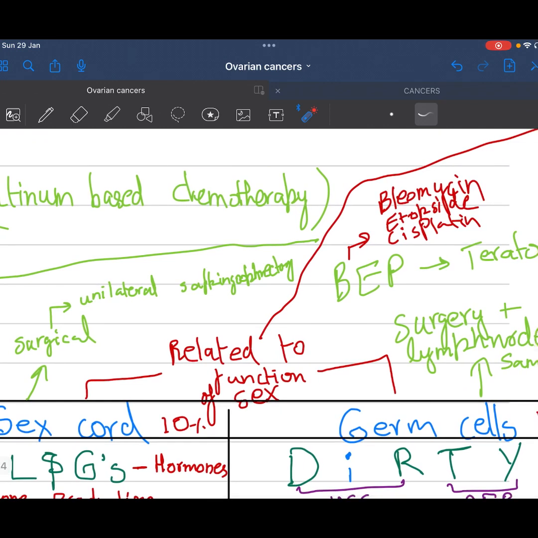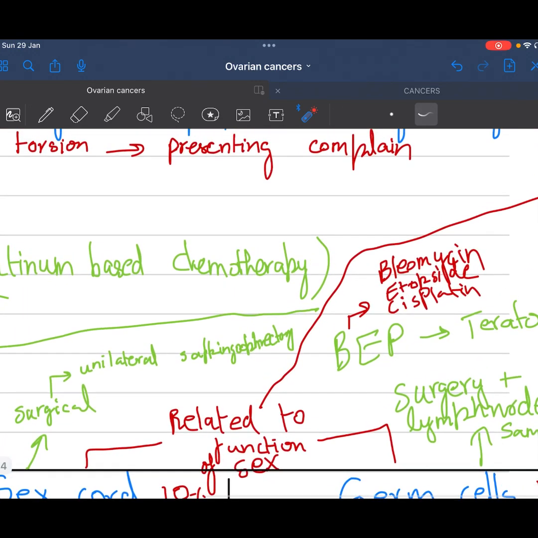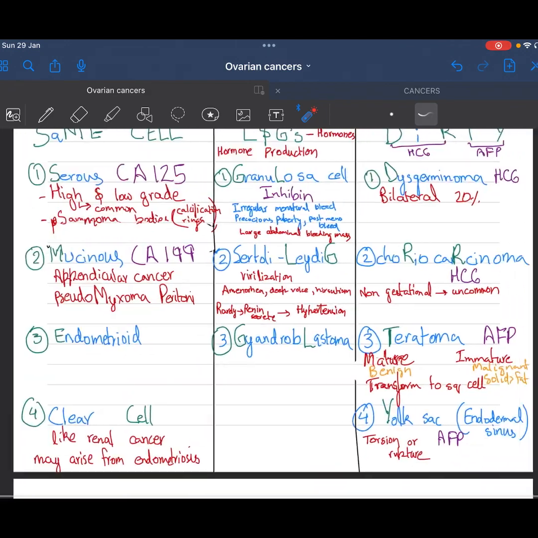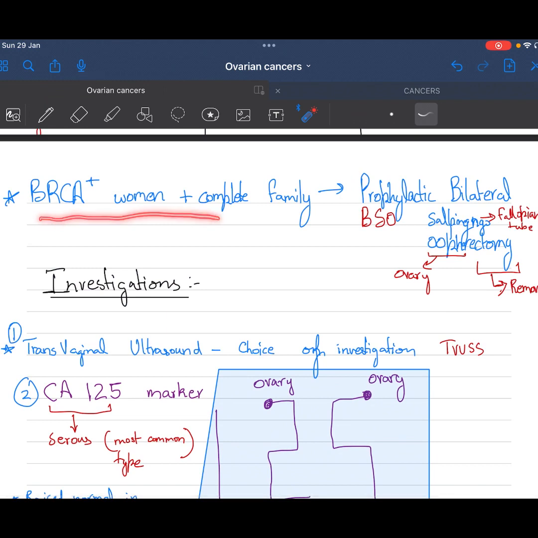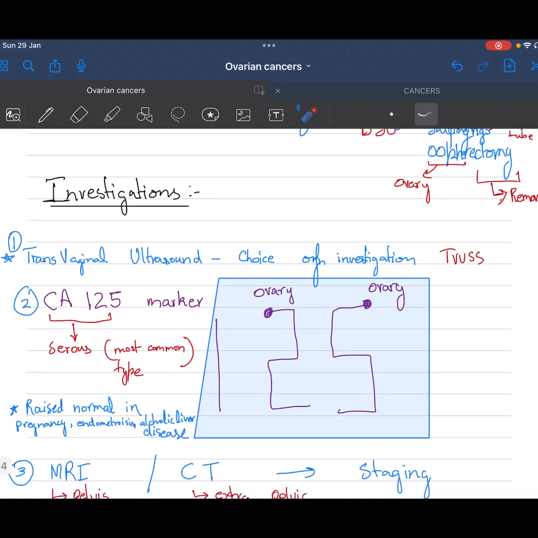For germ cell tumors, again there is surgery and lymph node dissection, and the chemotherapy is BEP: bleomycin, etoposide, and cisplatin. If a woman is BRCA positive and has completed her family, total prophylactic bilateral salpingo-oophorectomy is performed. Salpingo refers to the fallopian tube and oophorectomy to the ovary, so the fallopian tubes and ovaries are removed.